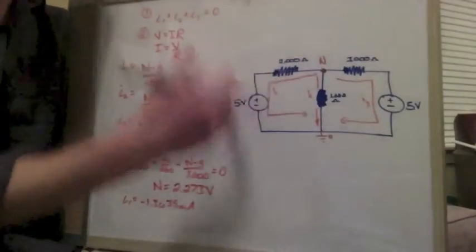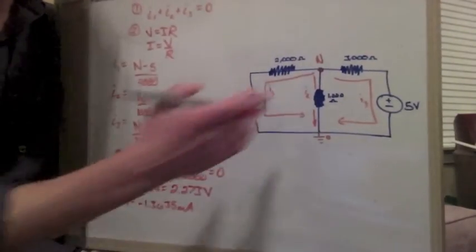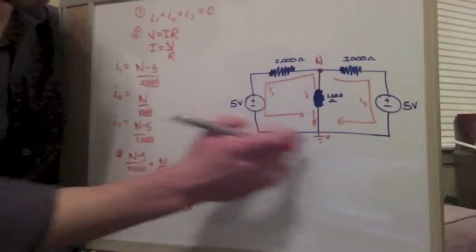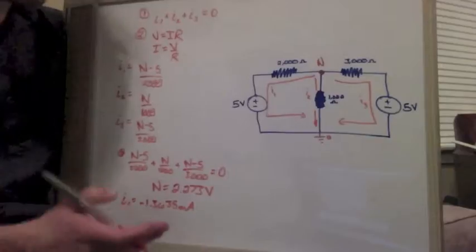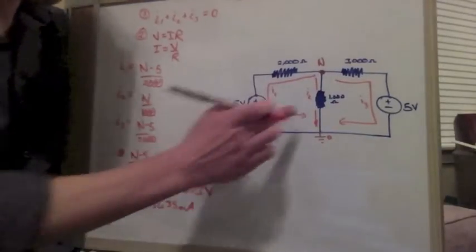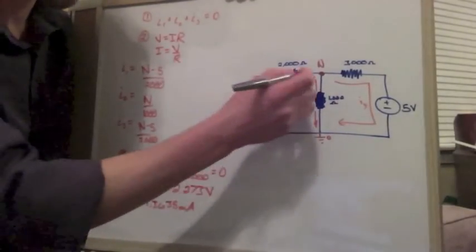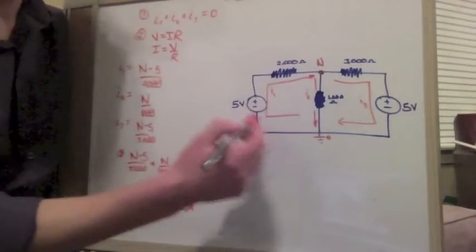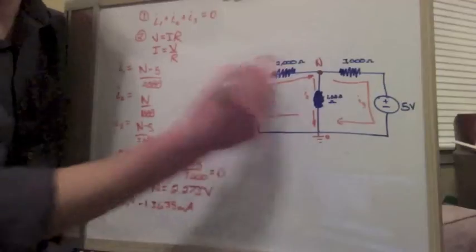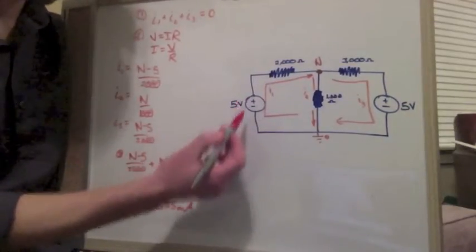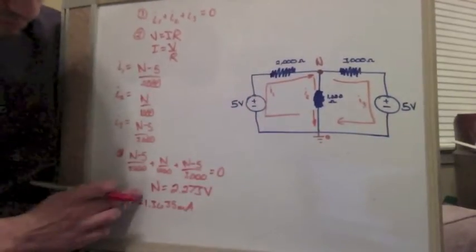You might say, well, why is it negative? Well, this current, we arbitrarily assumed that it was going to move in this direction, and it gave us a negative value. So what that really means is we can simply change the direction of this current, and we understand that it's now positive current traveling in the clockwise direction, which makes sense with our positive voltage.